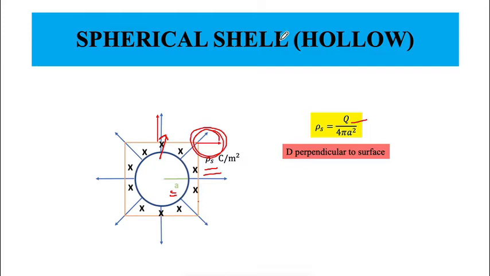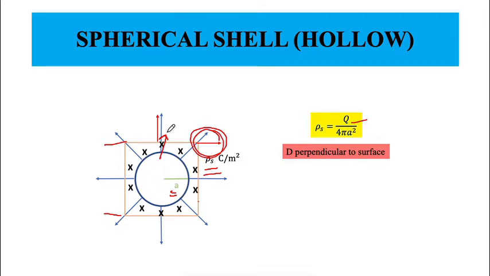So there is some component of D that could be along the normal to the surface, right? Similarly here, the D field is not perpendicular.